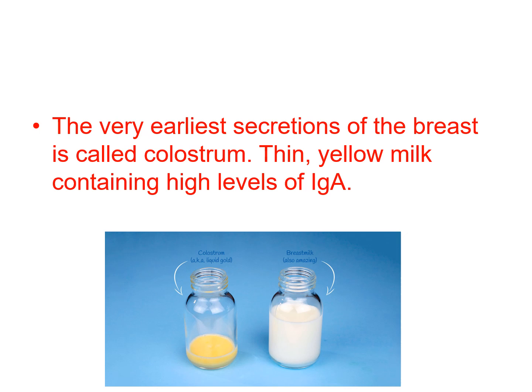This means every time mom was exposed to an antigen, her B cell made antibodies against that antigen. Immunoglobulin A is for that antigen. Then she was exposed to another antigen.